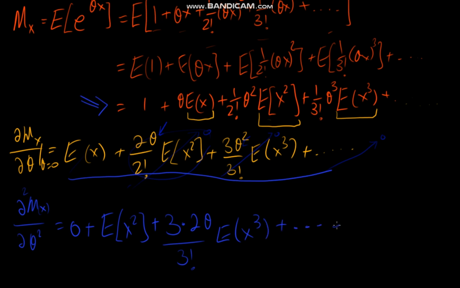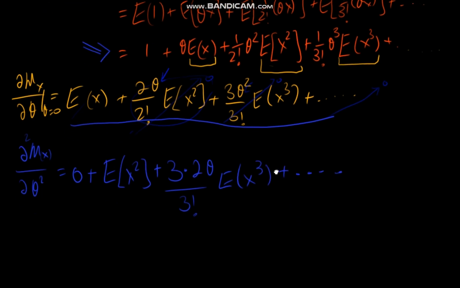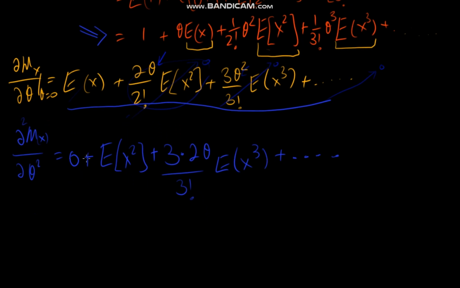plus many other terms. So now, like in the calculation of the first moment, all we have to do is to put instead of theta 0, and when we do that, you will notice that this term theta equals 0, this whole term will go away.